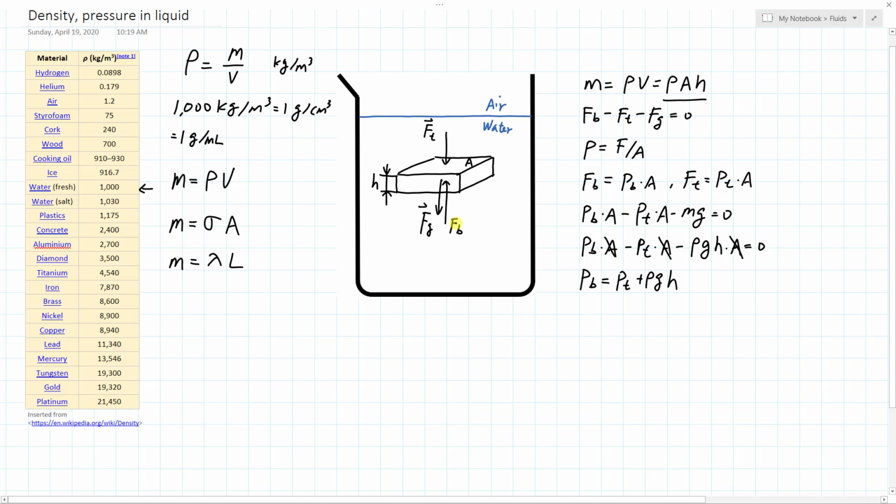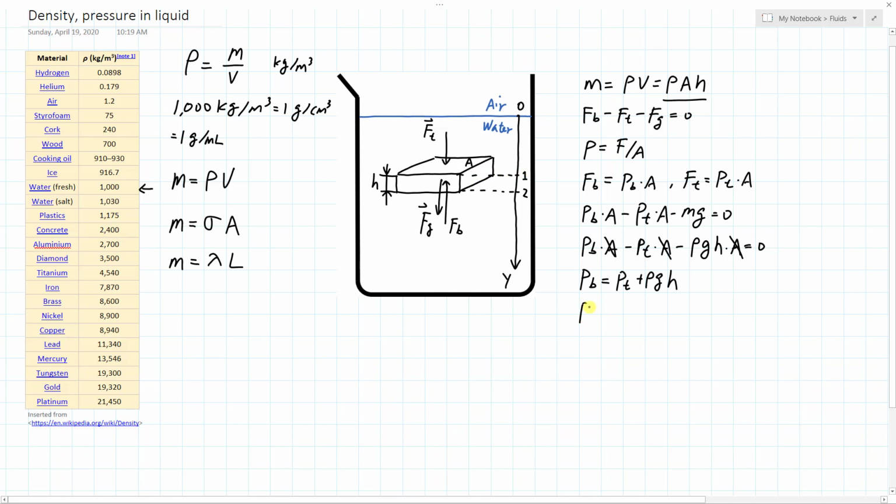So to make this a bit more easy to use, let's set up a coordinate system that starts from the air and water interface and points down. So the coordinate increases as you increase depth. This is a pretty typical way to describe depth increasing, right? So here we have a y-axis. Y is 0 at the interface, and at the bottom, let's call it y2. At the top, let's call it y1.